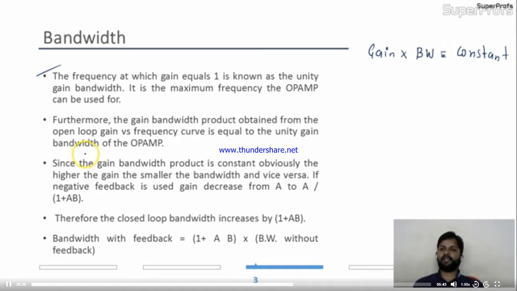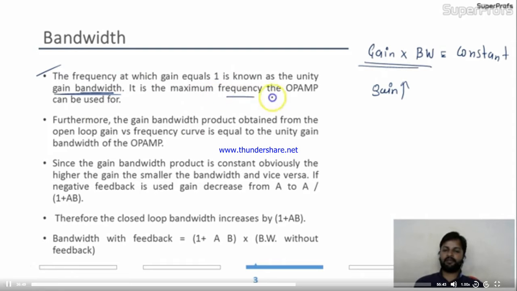And what is the unity gain bandwidth? If your gain is unity, then the gain bandwidth product is the bandwidth itself.